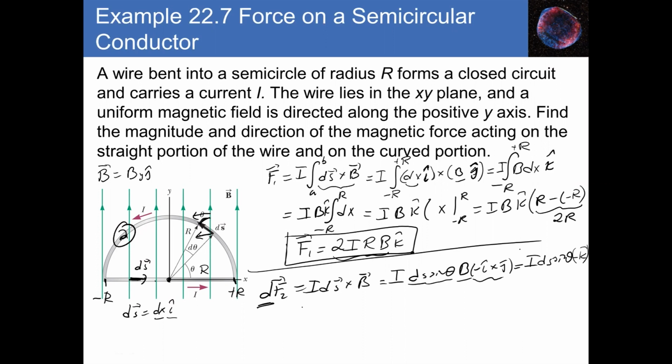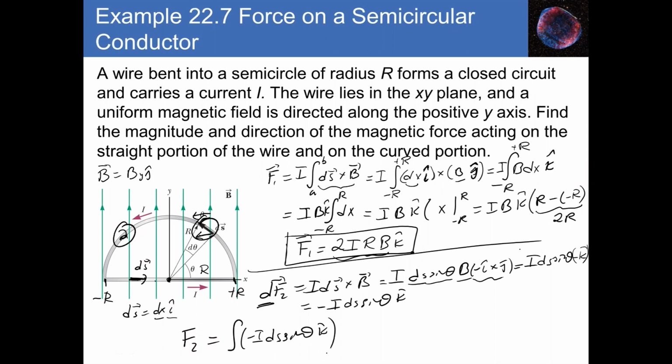That means here I have negative I ds sine of theta k hat. That's just for this tiny ds, so I have to integrate to get the total. So F2 is equal to the integral of negative I ds sine of theta k hat.